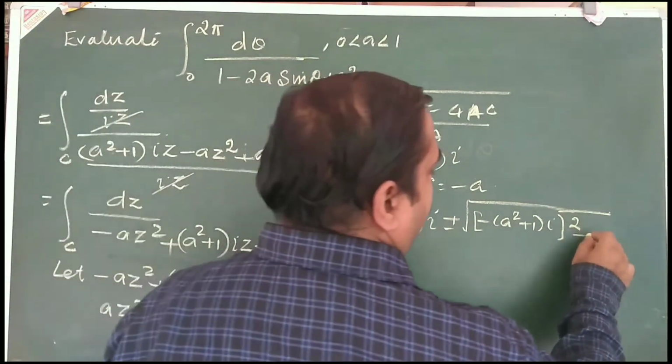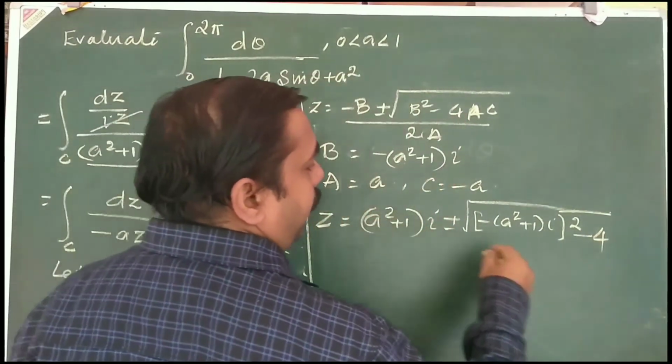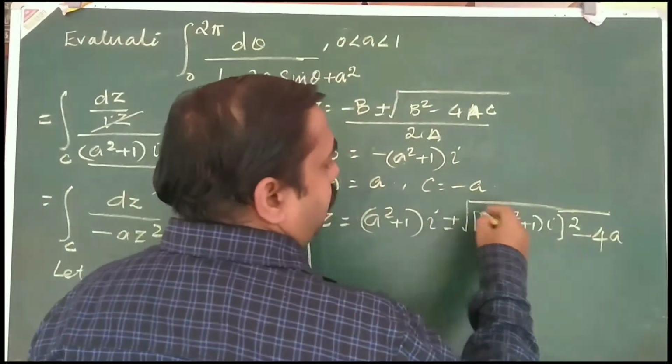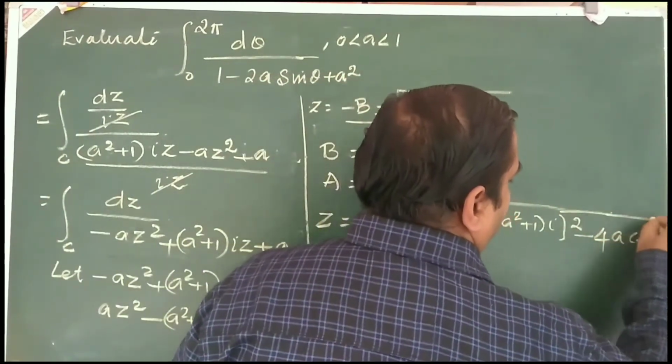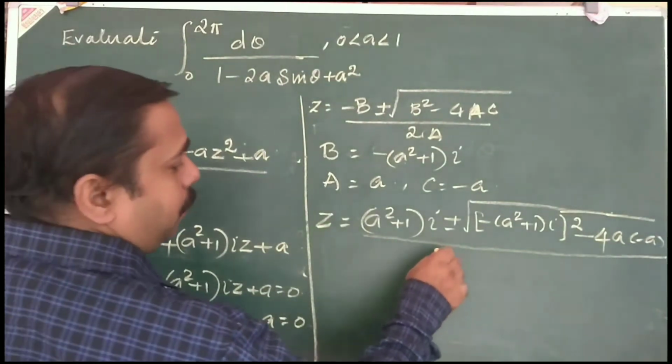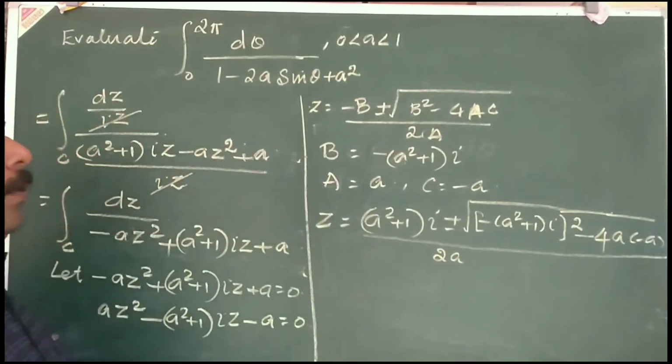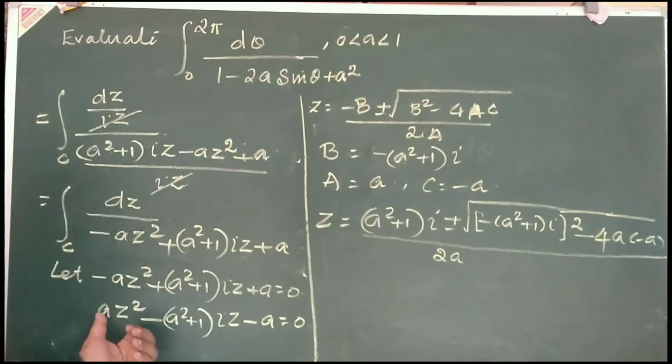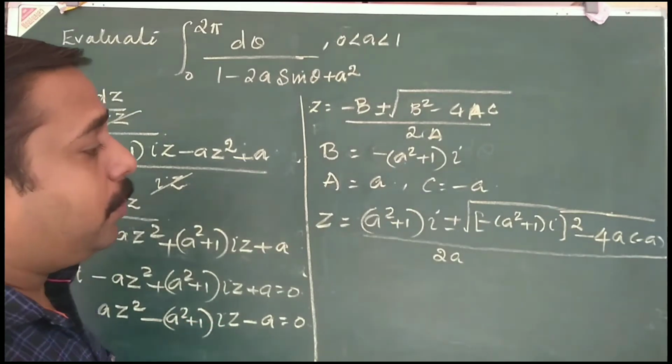What is A? A is equal to a. What is c? C is equal to minus a, whole divided by 2a, that is 2 into small a. So once again, capital A is the coefficient of z square, capital B is the coefficient of z, and capital C is the constant term.